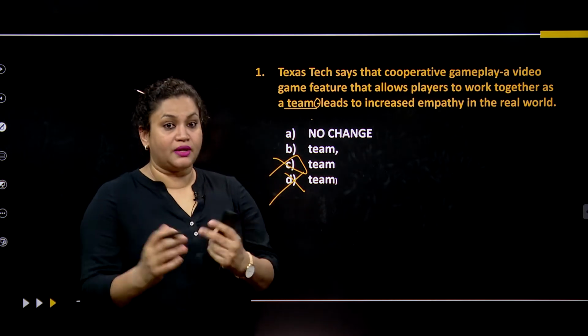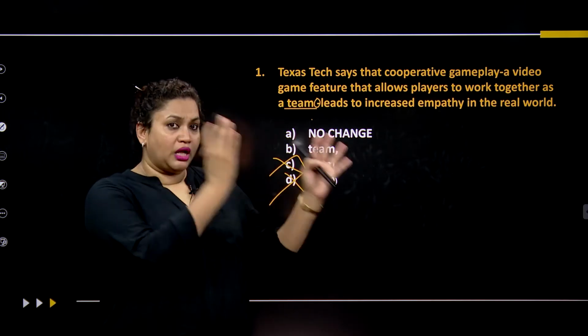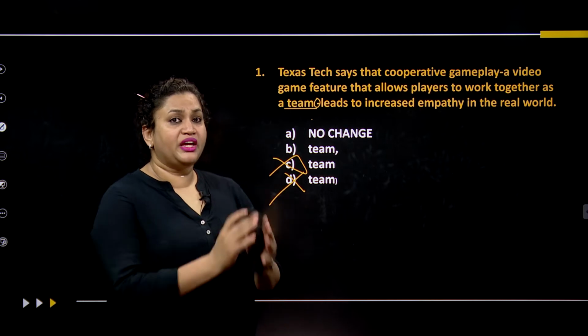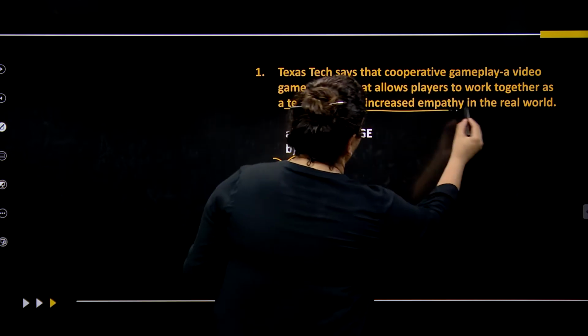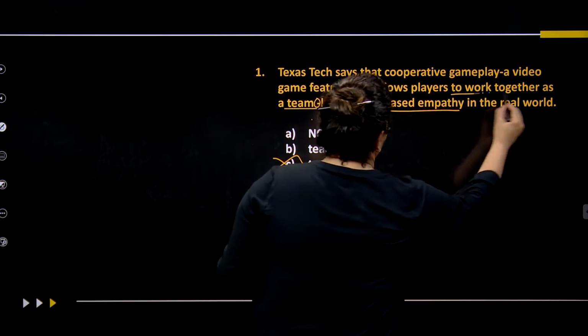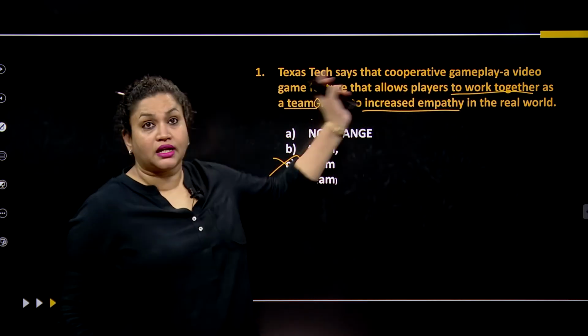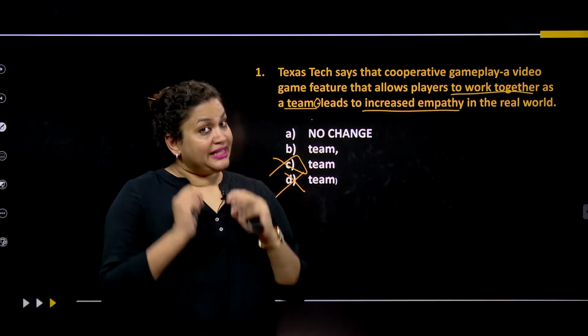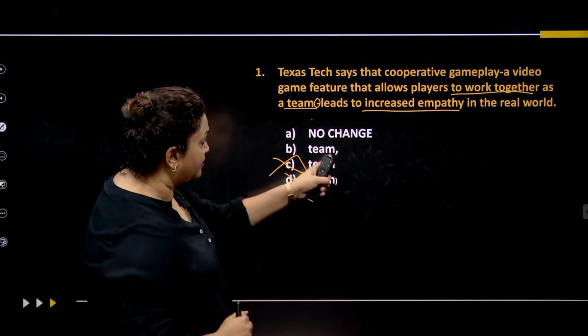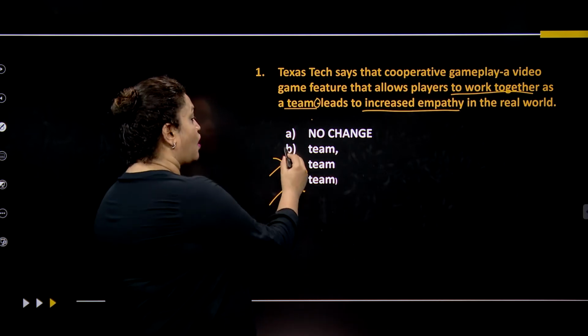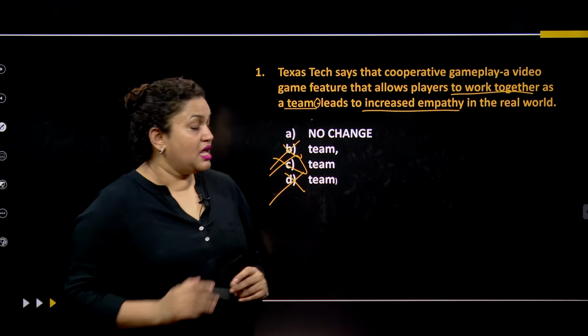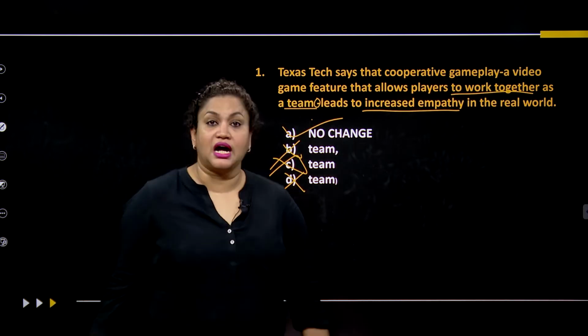And what is the effect? When you are talking about a cause and an effect, we cannot use a comma. So work together, that is the cause, and this is going to be the effect. Therefore this is also out of question. Therefore no change is the answer.